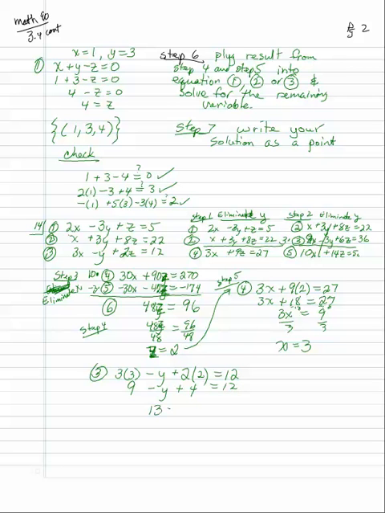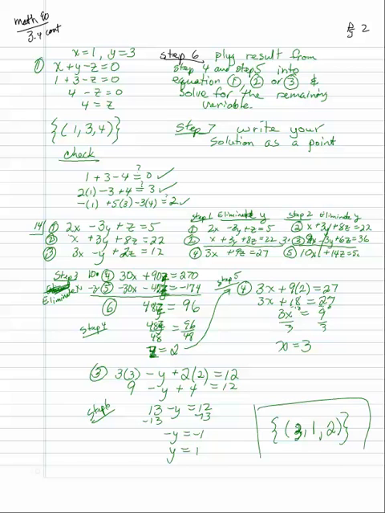So 13 minus y is 12. Subtract 13. Divide both sides by negative 1. So y is 1. That's step 6. And then step 7, we're going to write the result out. It's the point x is 2. Oh, I'm sorry, x is 3. y is 1. z is 2.